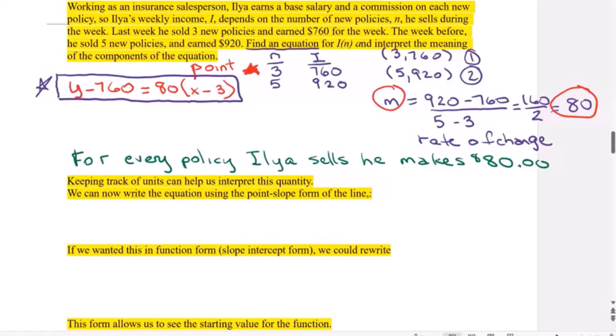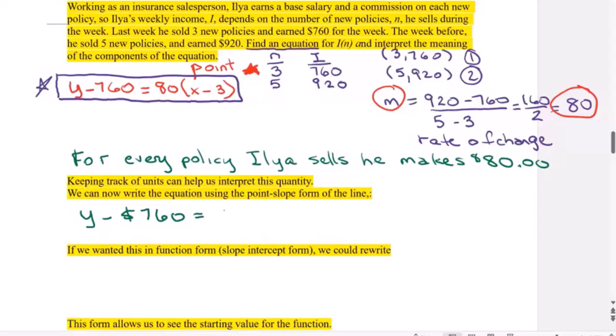Okay. Keeping track of units can help us interpret this quantity. We can now write the equation using the point slope form of the line, which is what we did here. I'll just copy it here. We have y minus, when they say keep track of units, this is $760.